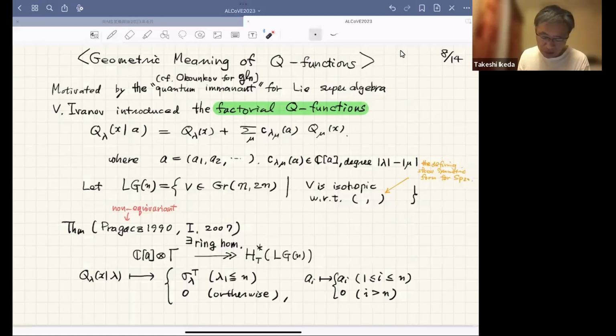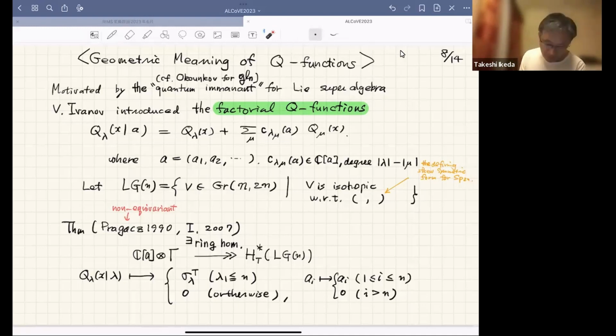If you consider the scalar extension to this deformed variable, then there is a natural surjective ring homomorphism from this ring to the equivariant cohomology of the Lagrangian Grassmannian.